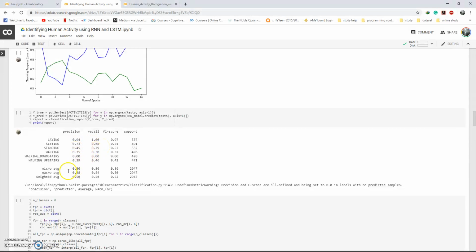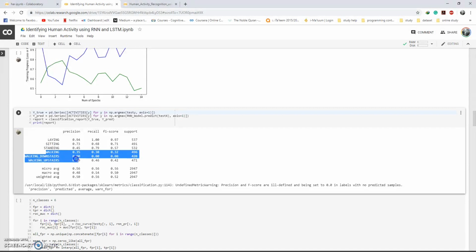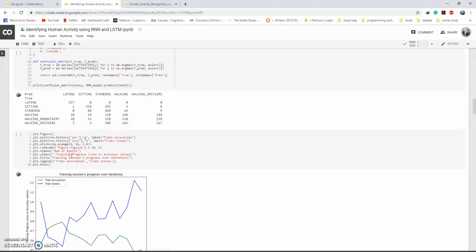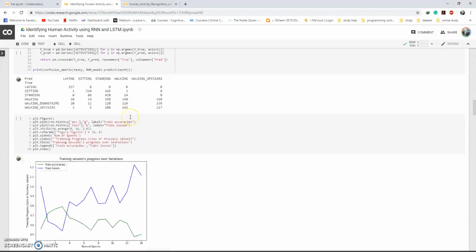We can see that our precision for laying is quite high, sitting is also acceptable, but the standing precision is quite poor. Even the recall is acceptable, but the F1 score is pretty poor as well. And the rest, walking downstairs and walking upstairs, are pretty bad. For walking downstairs, not even a single case was identified as walking downstairs, so that's why it was missing from the graph.